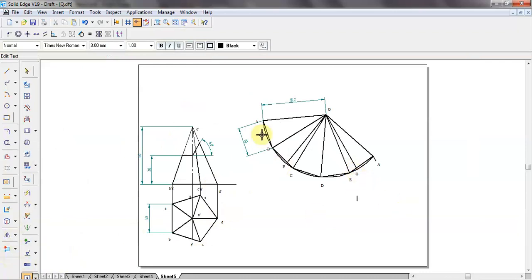So start to measure the distances. Before that I have to name the points where it is cutting.